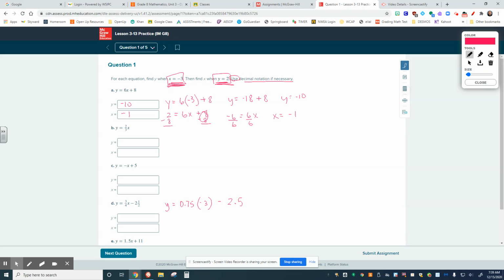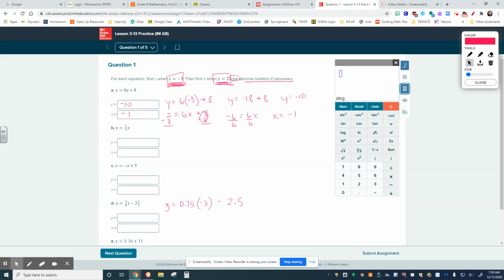Now, the cool thing about this is I have this little calculator that I can go ahead and use. And then I'm going to simply see this as 75 hundredths times -3 is equal to -2 and 25 hundredths. And then I will further subtract 2 and 5/10 to give me a solution of -4 and 75 hundredths.